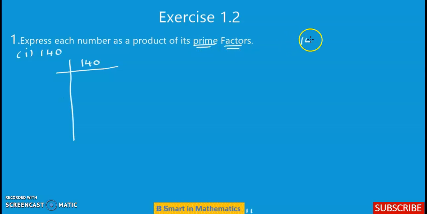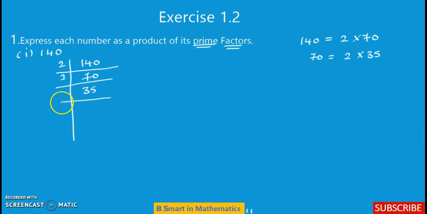So first of all, 140 can be written as 2 into 70. Write this prime number 2 here, write this 70 here. Again, this 70 can be written as 2 into 35. So this prime number 2 you should write here, you should write the 35 here.